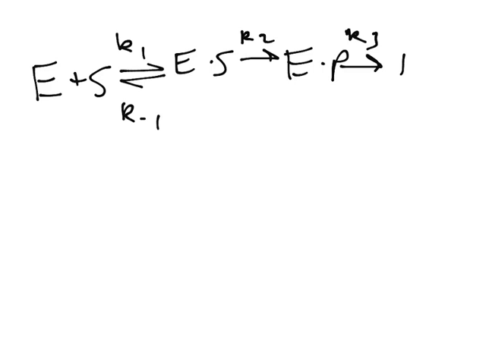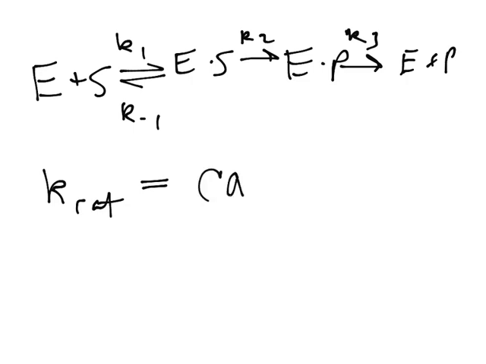We've got a third rate constant in here for release of the product. And it's often the case that product release is the rate limiting step. So kcat in this case would be K3. So the observed rate constant would be this third rate constant if that is indeed the rate limiting step. So the way we think of kcat is that it's a function of the rate constants that go with those rate limiting steps.